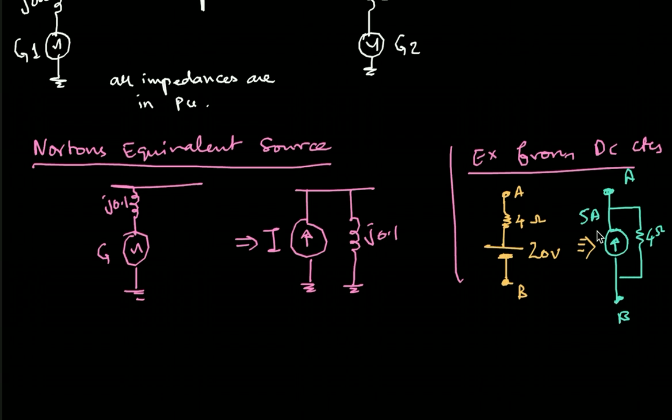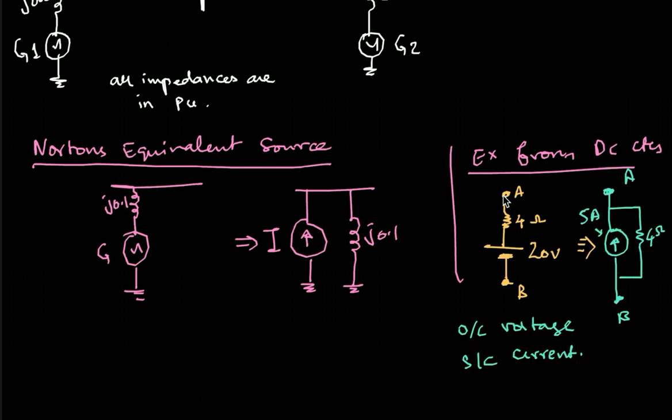So a 5 ampere current source in parallel with 4 ohms is what we can do. So what is the logic? Just look at open circuit voltage and short circuit current.